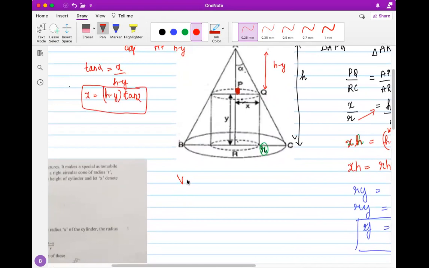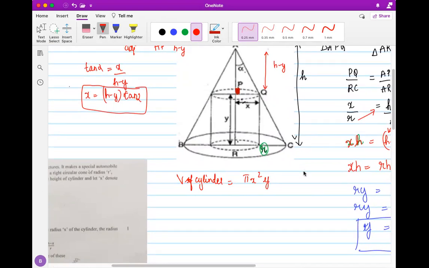So what is the volume of cylinder? Volume of cylinder is equal to pi x square into h. Here h is nothing but y, the height.